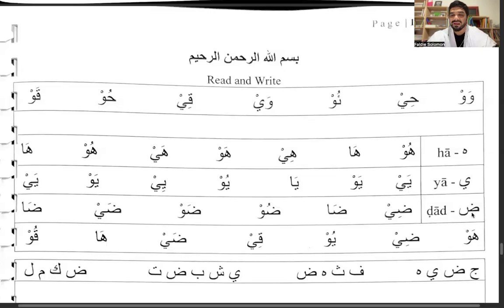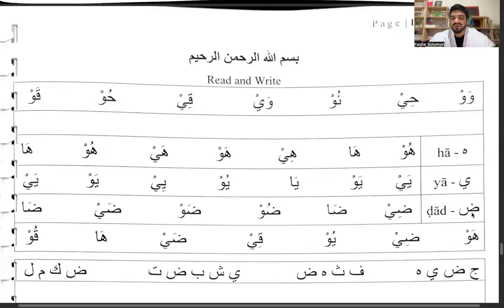Then the letter daad. Daad, you're going to take the side of the tongue and try to touch it to the molars, the side, your molars, your back teeth. Okay. So you're going to try the upper molars, the tongue will go to the side. Okay, it's very difficult.